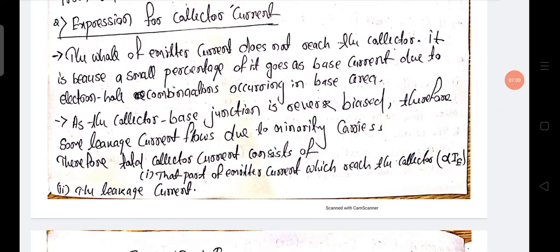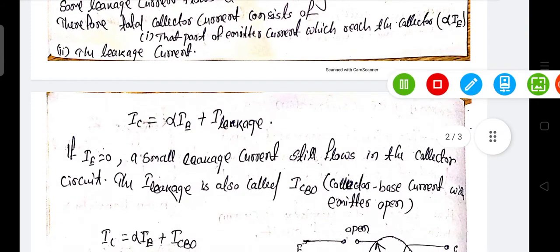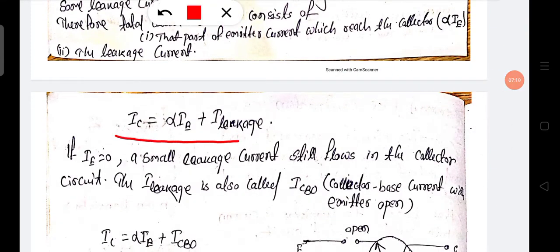The second part is the leakage current. So IC equals alpha IE plus I leakage.